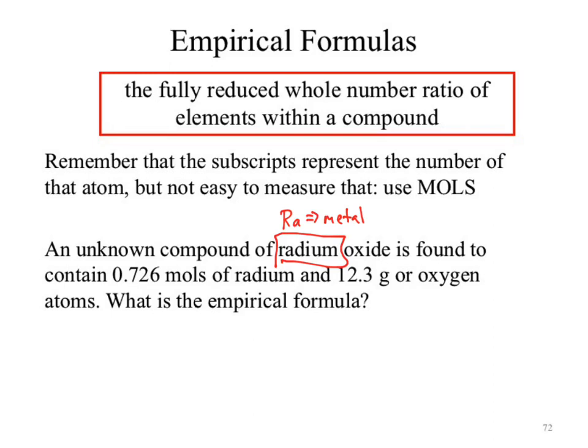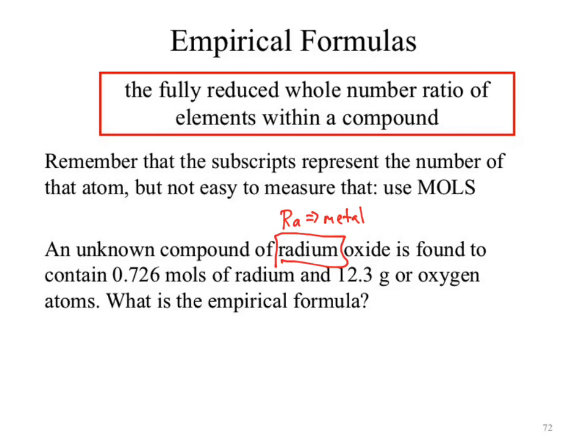What kind of bond do we have in radium oxide? An ionic bond. And we said empirical formulas apply to covalent compounds. It doesn't make sense to really be using an empirical formula for radium oxide because it's an ionic compound. So this is technically a bad question. It still gets at the idea for the basic format, so we can still run with it.